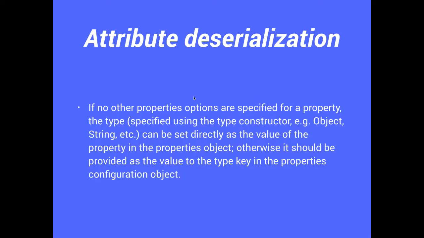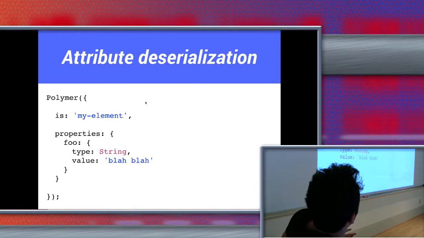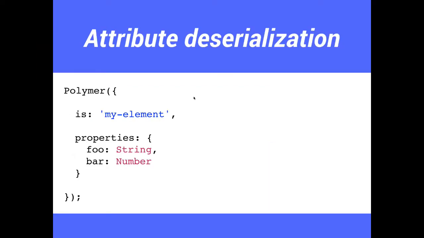We're not going to jump into the advanced stuff, but there's a different notation that you can write instead of describing the type and the value, if you don't want a default value. You can just say properties like foo, it's a string, and bar, it's a number. So the default value is going to be an empty string, or for number, I guess 0 or something like that. Just a different way of writing if you don't need a default value.